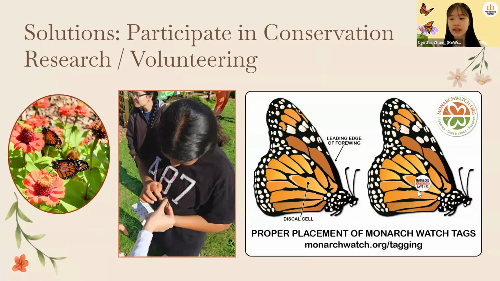So each tag you could see has a unique letter and number code, which helps scientists document and track where the monarch butterflies are heading and where they're from and whether they're male or female and all kinds of migration information that allows them to conduct research and form better conservation plans.